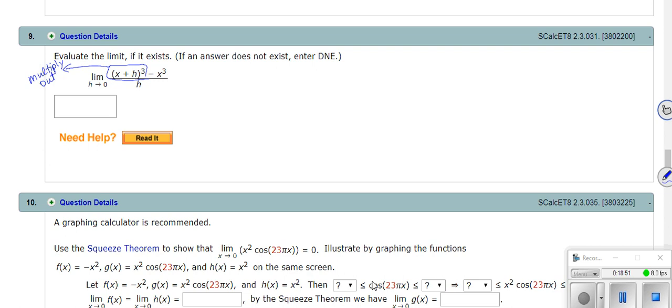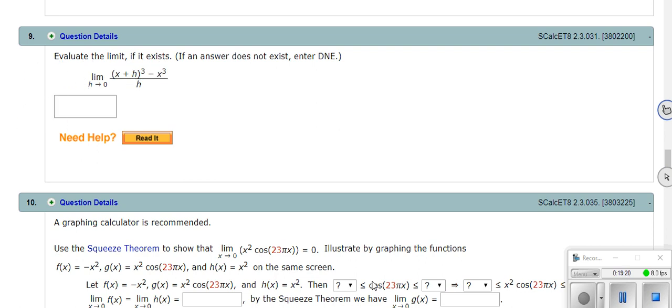I don't know if y'all remember the binomial theorem or if you just want to literally take x plus h times x plus h, get the answer, and then take it times another x plus h. Or if you remember the third row of Pascal's triangle in the binomial theorem from Algebra 2, you can use that as well. But expand that out, and then I think you'll see all the stuff that will cancel, and then you can evaluate it, okay?